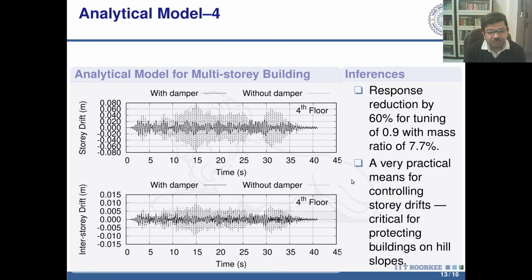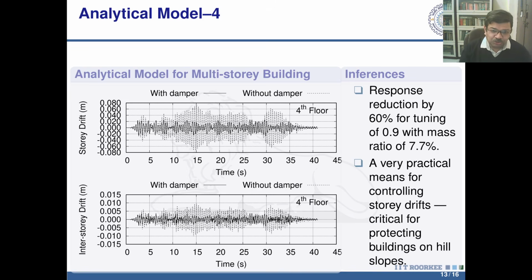And this provides a very practical means for controlling story drifts. This is also very helpful in protecting buildings on hill slopes, where we have this nasty problem of short columns. So we have floors resting on stiff short columns on the hillside and flexible columns on the roadside.